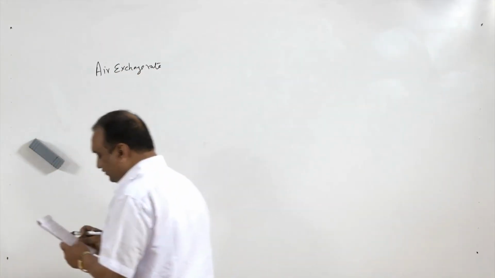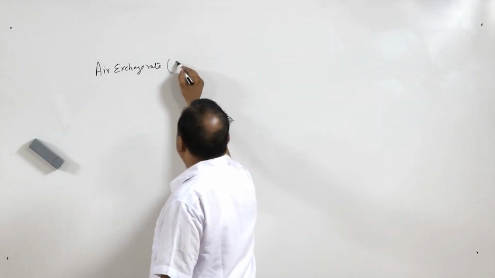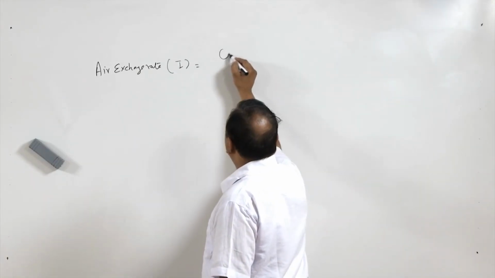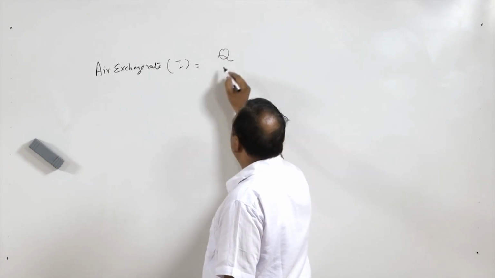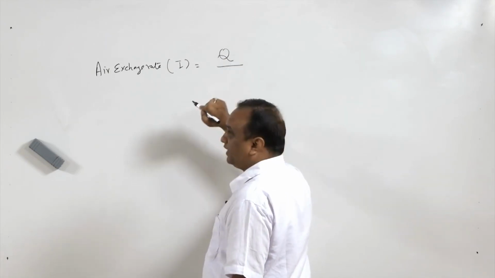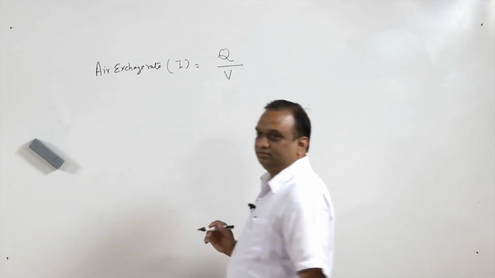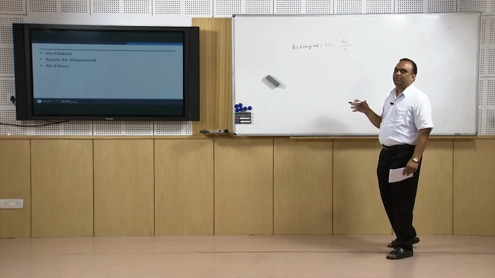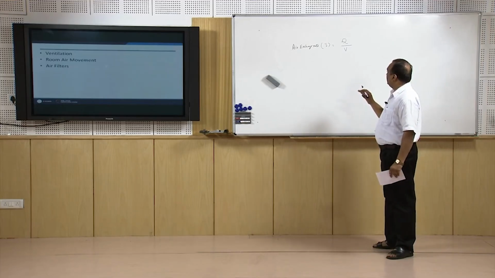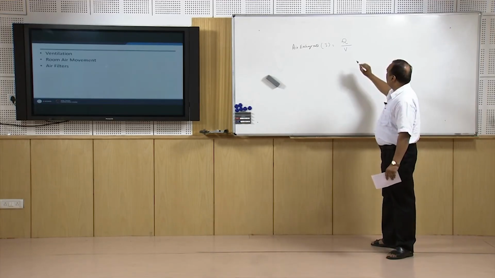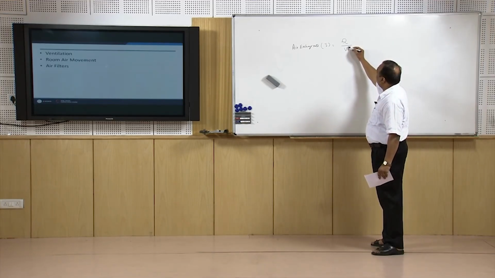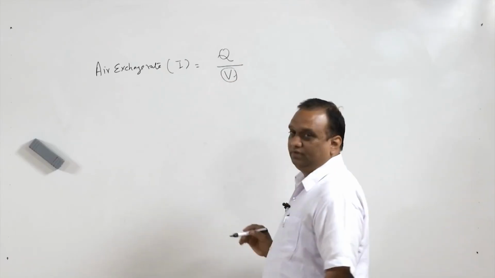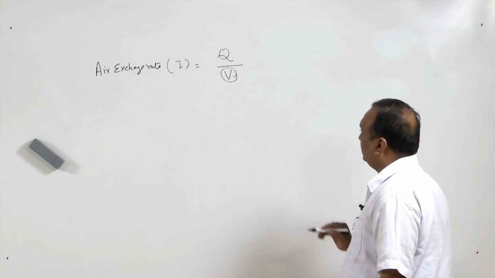Air exchange rate is denoted by I, and is equal to the ventilation air entering the room per hour divided by the volume of the room. It means per hour or per second, it is a time unit. So, how many volumes of air have entered the room in the form of ventilation, right?